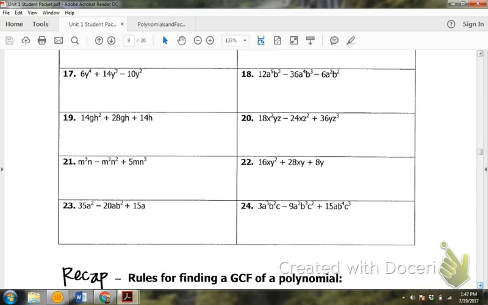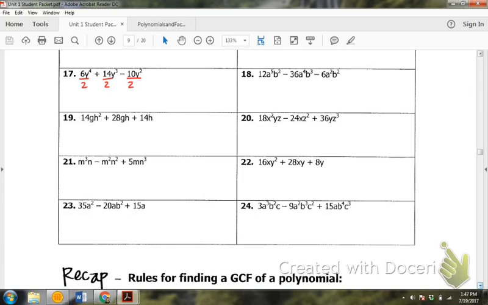Let's go and let's try number 17. Okay? We're going to skip down to do number 17. So on the next page, we're doing 17. All right, let's take this a step at a time. What's the number that they all have in common? 2, right? They all have a 2 in common. So we're going to divide each term by 2.